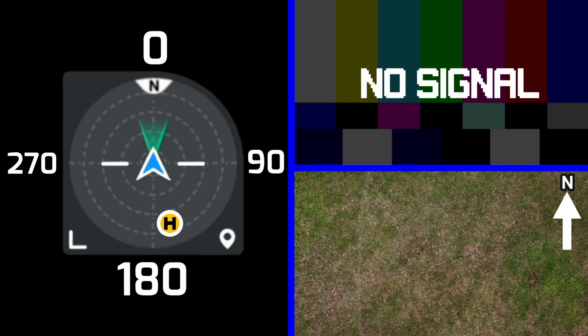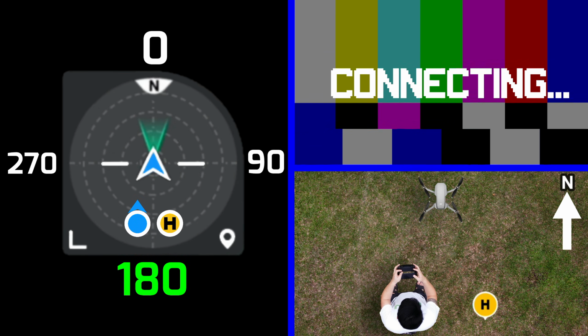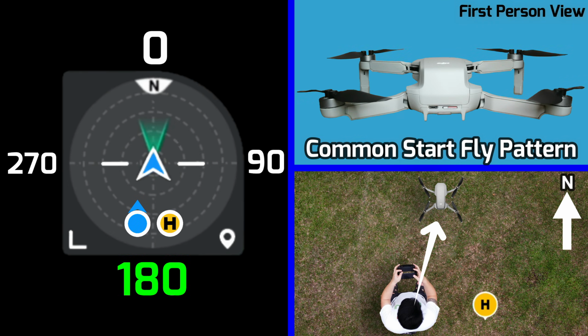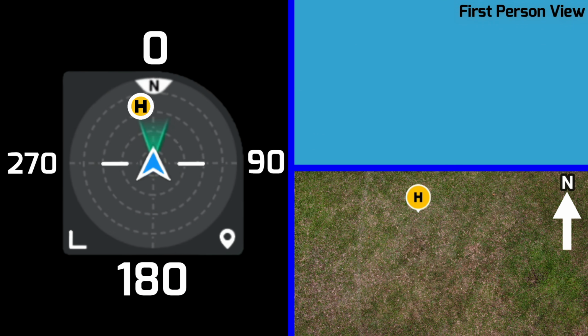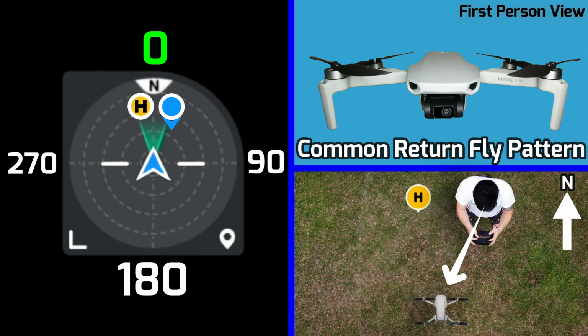When the home point and MDRC are at 180, it means that both are at the same or close proximity spot, while the aircraft is right in front of us and we will be looking at the rear of the aircraft. If both home point and MDRC are at 0, it will mean that we are looking at the camera of the aircraft.